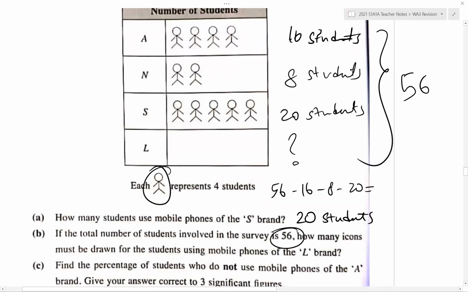What do we get? 12. So there are 12 students using the L brand. If there are 12 students, we will have 3 icons. We need to draw 3 of them.